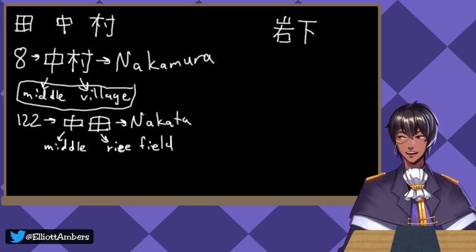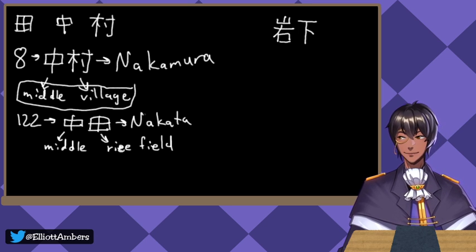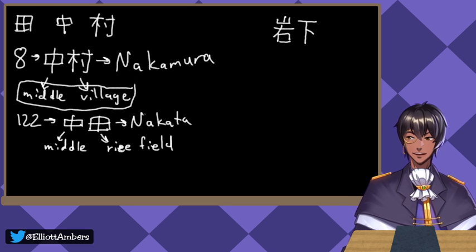As I said earlier, Tanaka means from the rice field or from the center of the rice field. But Nakata is different because this is representing the rice field in the center.